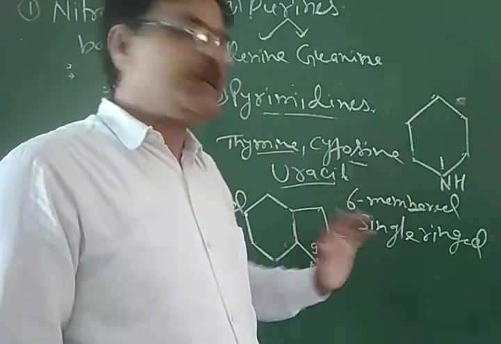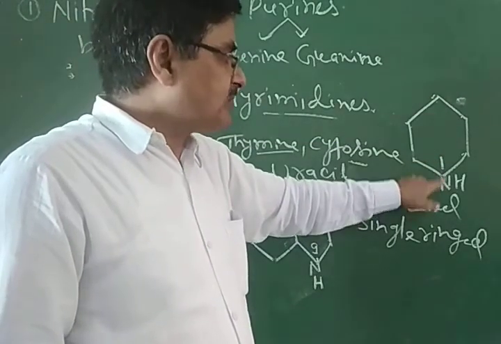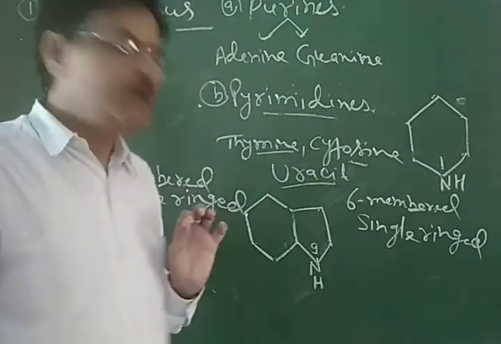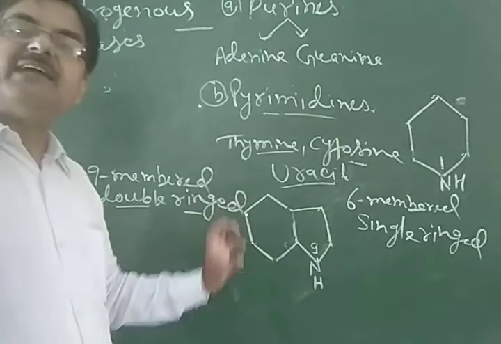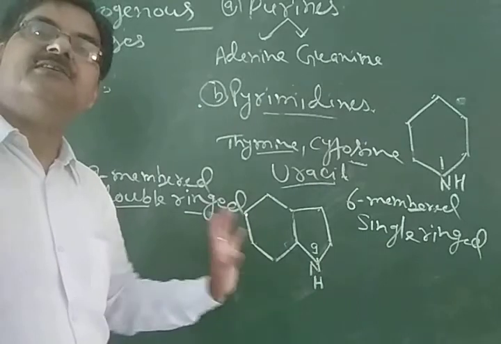Means the sugar is attached with the pyrimidine bases at the nitrogen present at first position, and the purines are attached with the sugar at the nitrogen present at the ninth position.